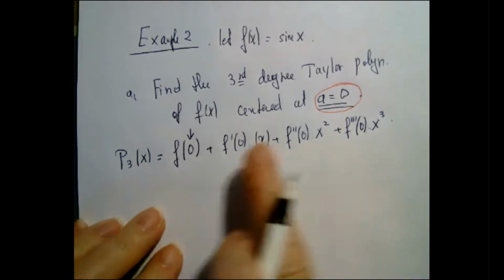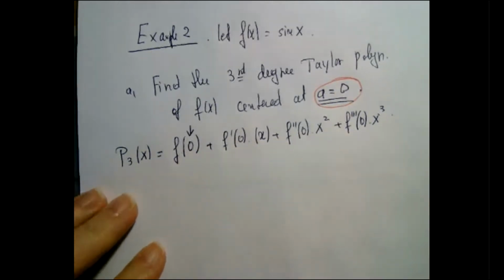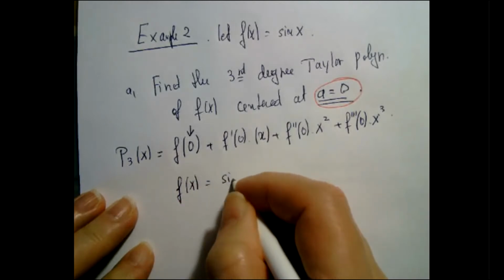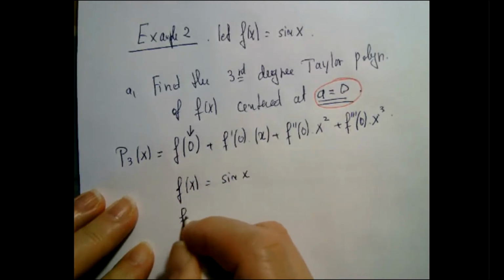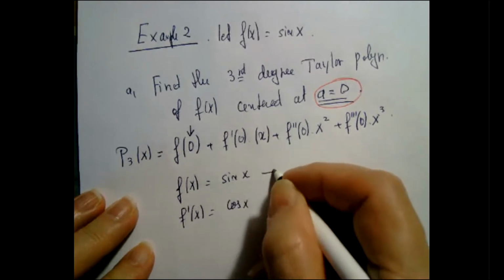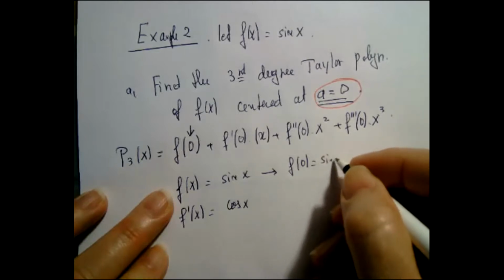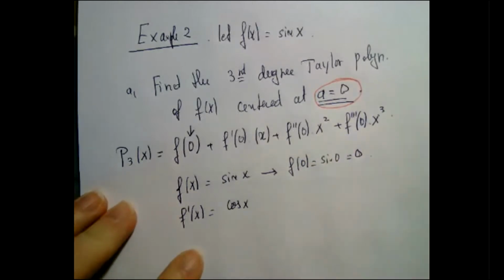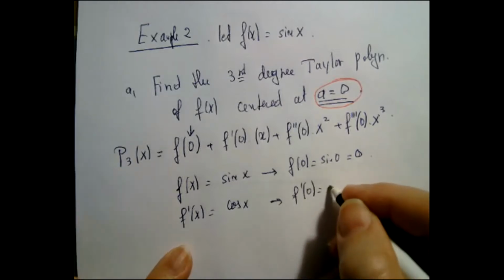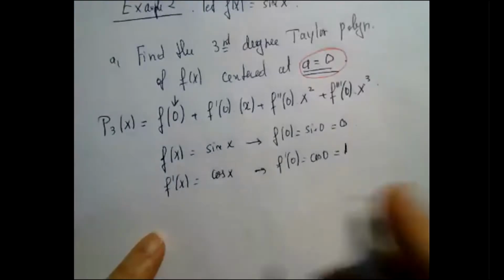Now to be able to find this, I need to find f prime, f double prime, and the third derivative. We do that easily. f of x is sine x, so f of 0 is the sine of 0, which is 0. f prime at 0 is cosine of 0, which is 1, and then I keep going.